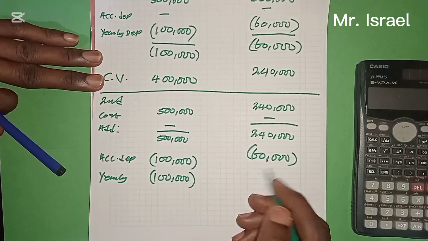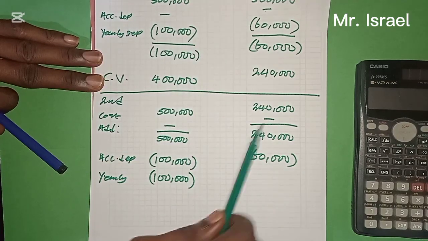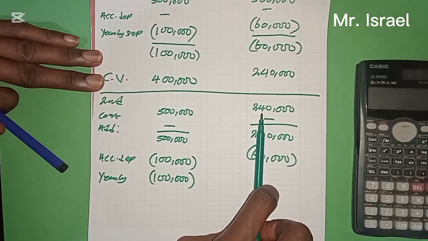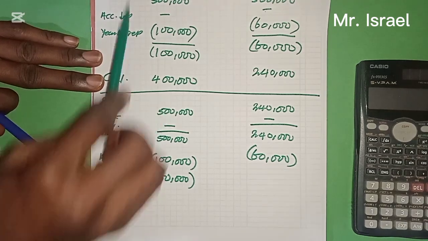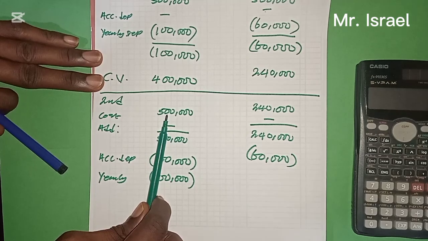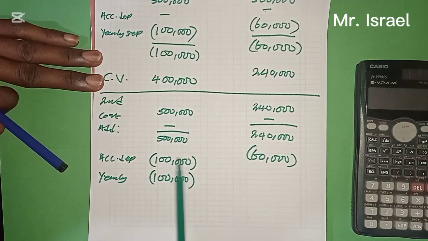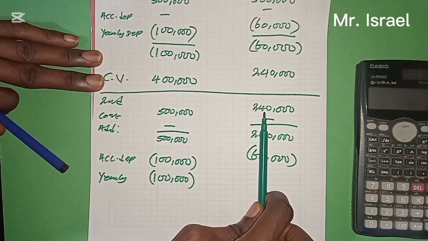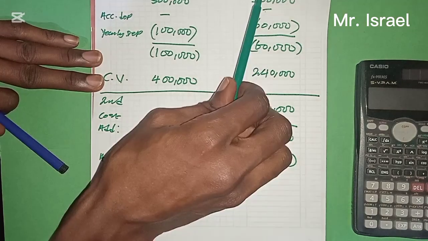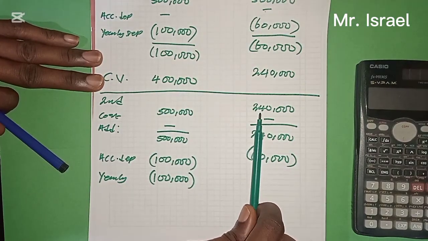What we do here is we use the 20% on this carrying amount, on this 240. The 20% was used on this 500 on a straight line to get us this same 100. Now we are going to use 20% on this carrying amount. It has reduced from the normal cost to this because of the depreciation. So we charge the 20% on this.